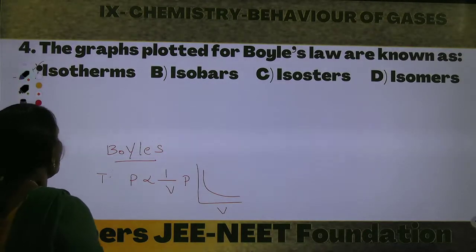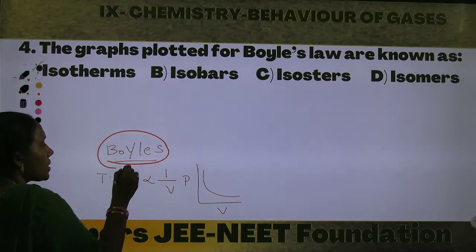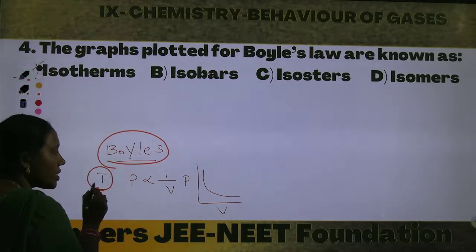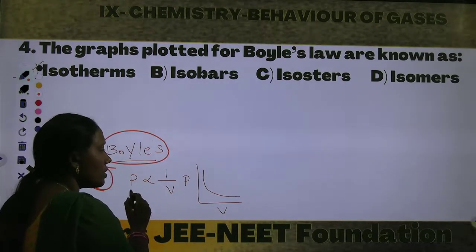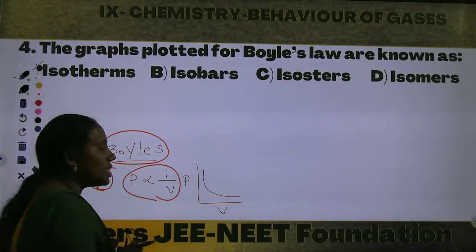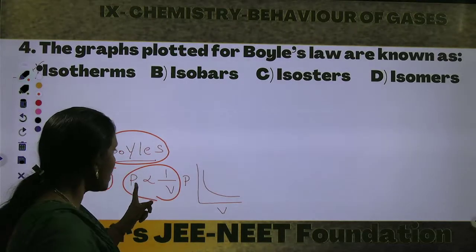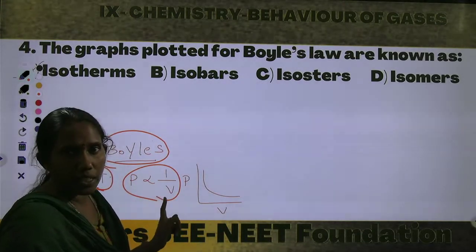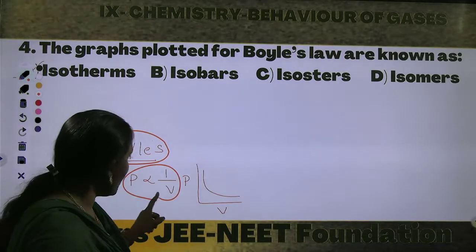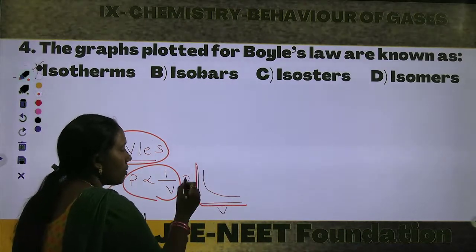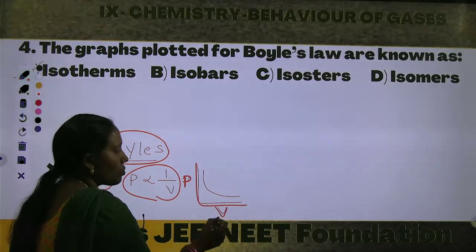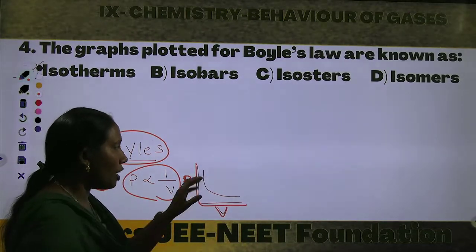See here, according to Boyle's law, at constant temperature, pressure is inversely proportional to volume, which means at constant temperature, if pressure increases, then volume decreases. If you take a graph between pressure and volume, the graph will be like this. Here it is the pressure and here it is volume.